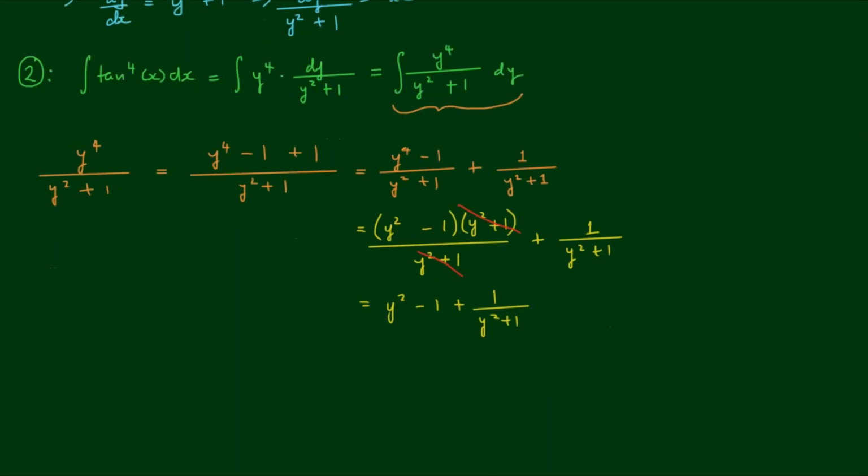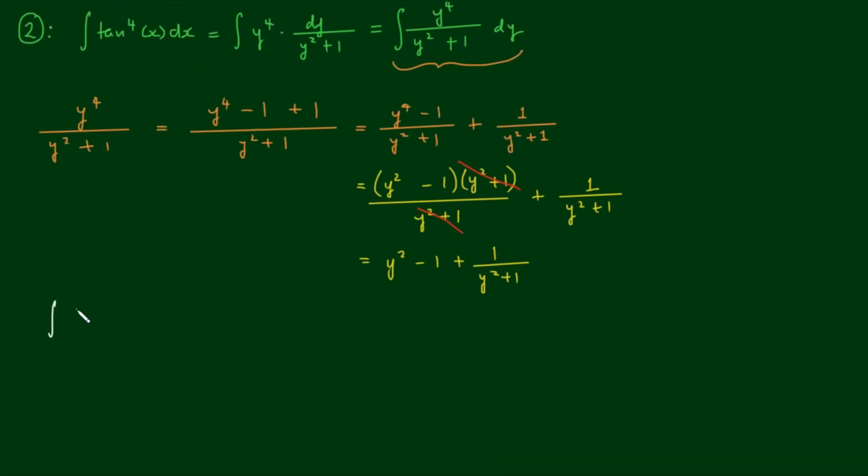So the integral of y to the fourth power on y squared plus 1 dy is equal to the integral of y squared dy minus the integral of dy, so effectively we're separating these into three separate integrals, plus the integral of dy on 1 plus y squared.